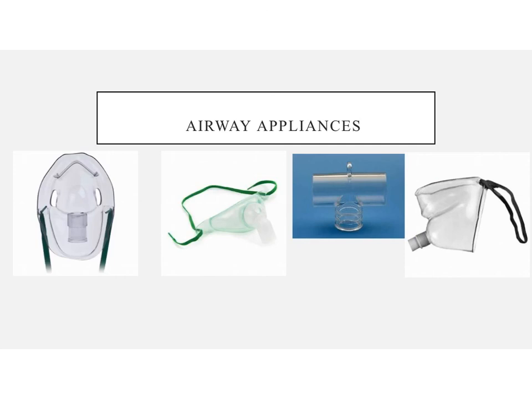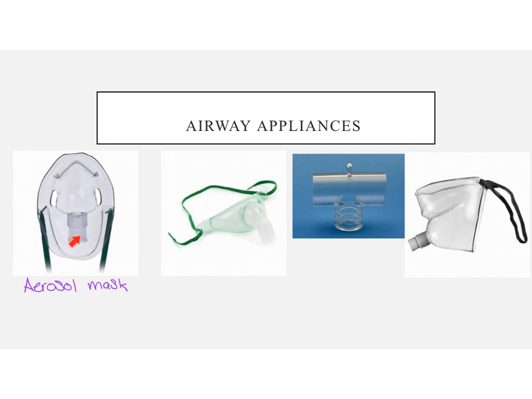Here we have pictures of each. So this first one is the aerosol mask. I'll write these out. So this is an aerosol mask. Make sure that you are not calling it a simple mask because it's got a different connection on the front.